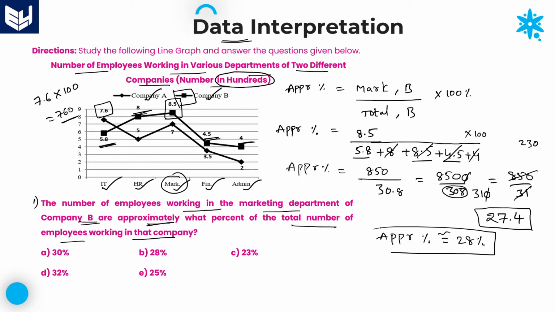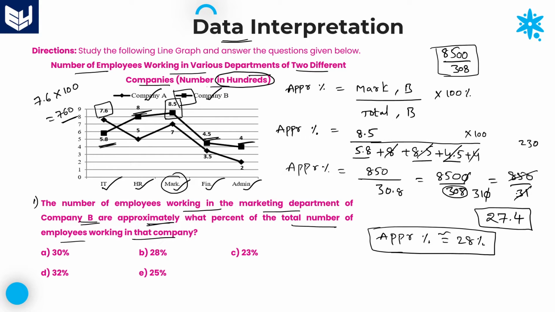Guys, remember, whenever you are solving problems based on approximation, always go with approximate calculation. If you go for exact calculation, it is very difficult to get the result. Here our exact calculation would be 8500 divided by 308, which is a little bit tougher compared with 850 by 31.